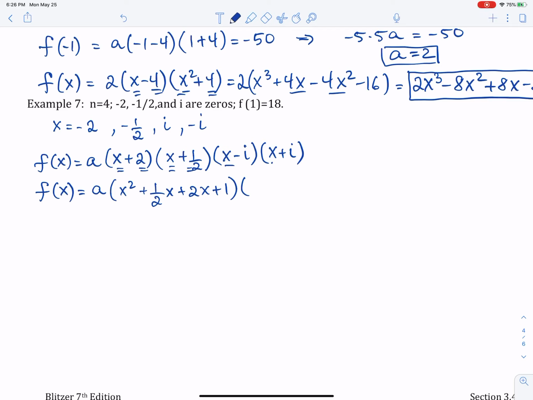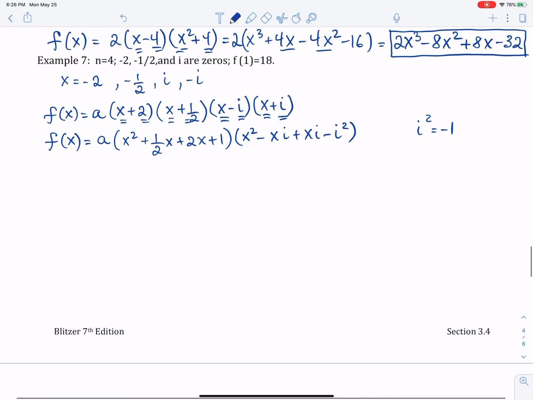And here x times x is x squared, minus i times x is minus xi, and negative i times positive i is minus i squared, where i squared is negative 1. All right.